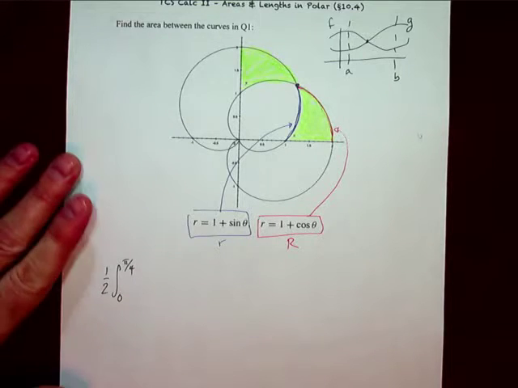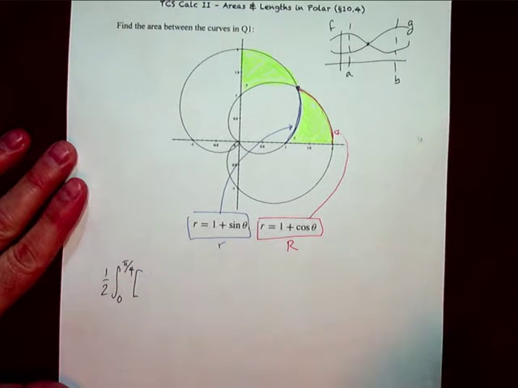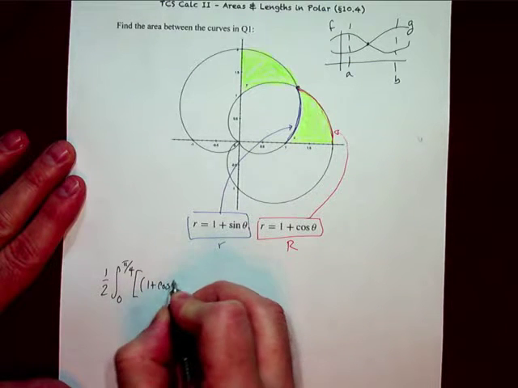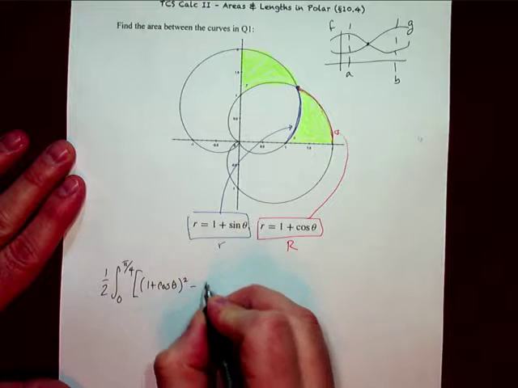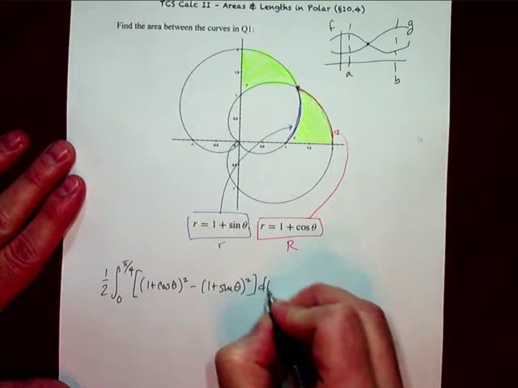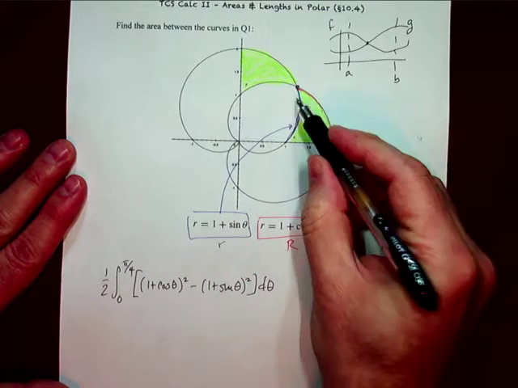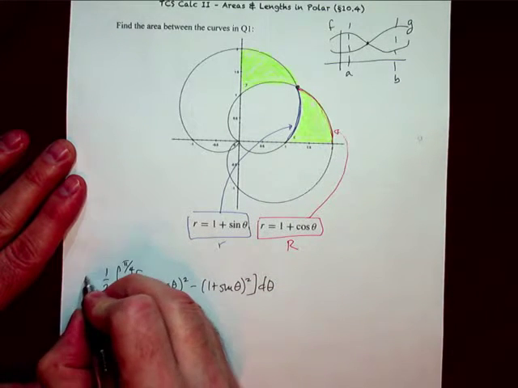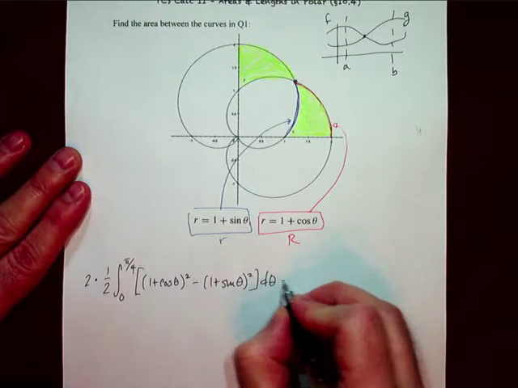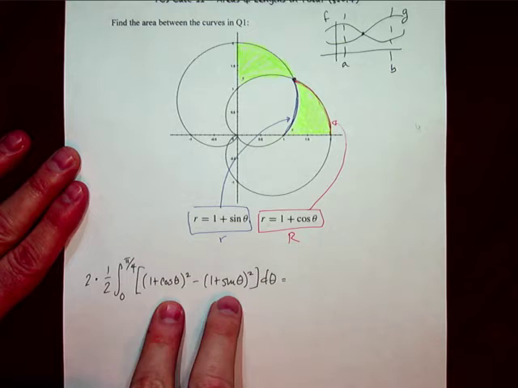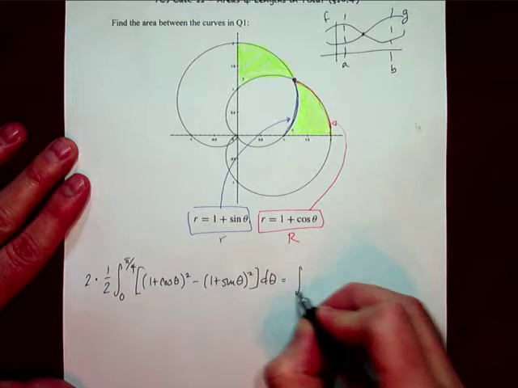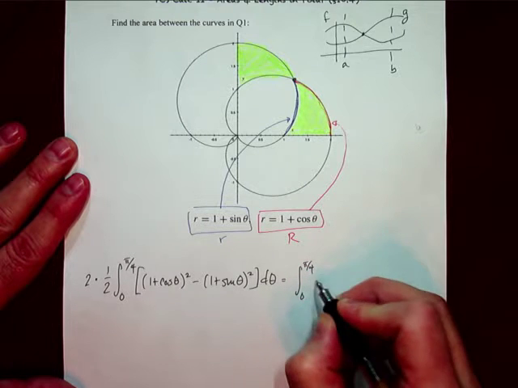And of course, from the last one, it's going to be reversed because it's going to be 1 plus cosine theta squared minus 1 plus sine theta squared d theta. Now that is the area of one of those green portions, so in order to get both of them, I'm simply going to multiply by 2. Since this is basically the negative of the integrand I had in the last one, I don't need to go through a whole lot of work to simplify.